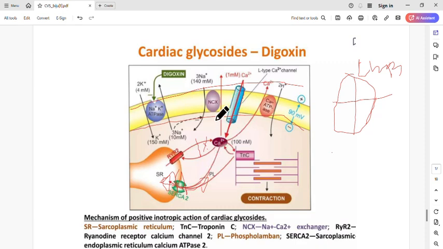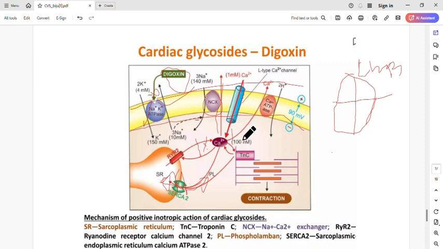Try to understand what I am saying. The 1% calcium is exchanged by the sodium-calcium exchanger, the antiporter, so that calcium goes out across the cell membrane. Here the sodium-potassium ATPase is present, which pumps sodium out of the cell while calcium comes in. But digoxin blocks the Na plus K plus ATPase, so sodium cannot go out of the cell membrane and the NCX channel cannot work.